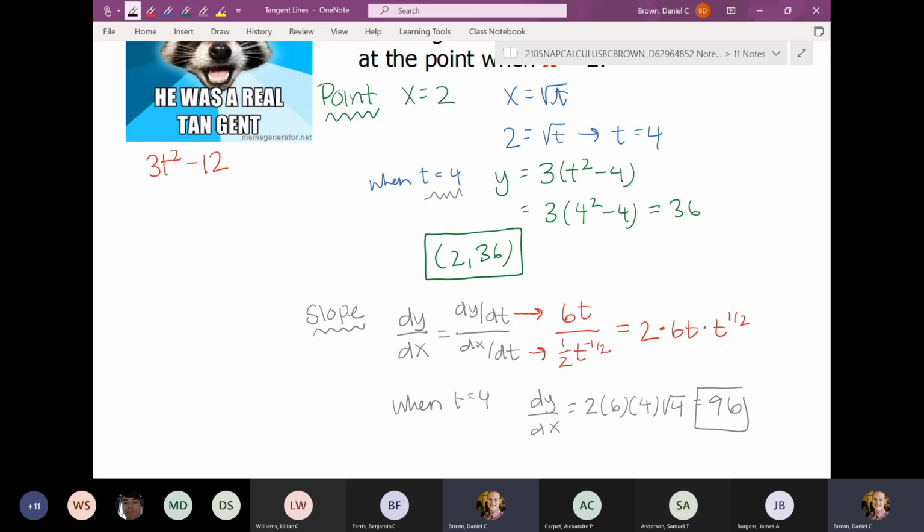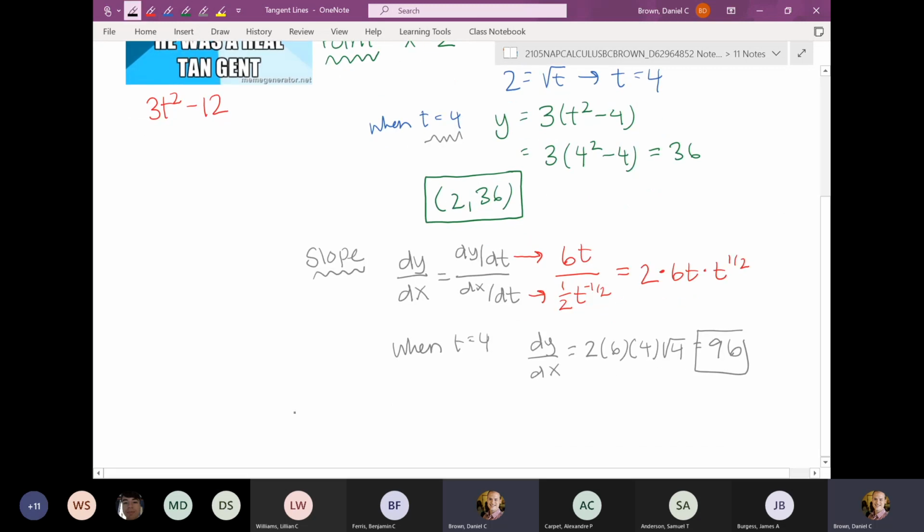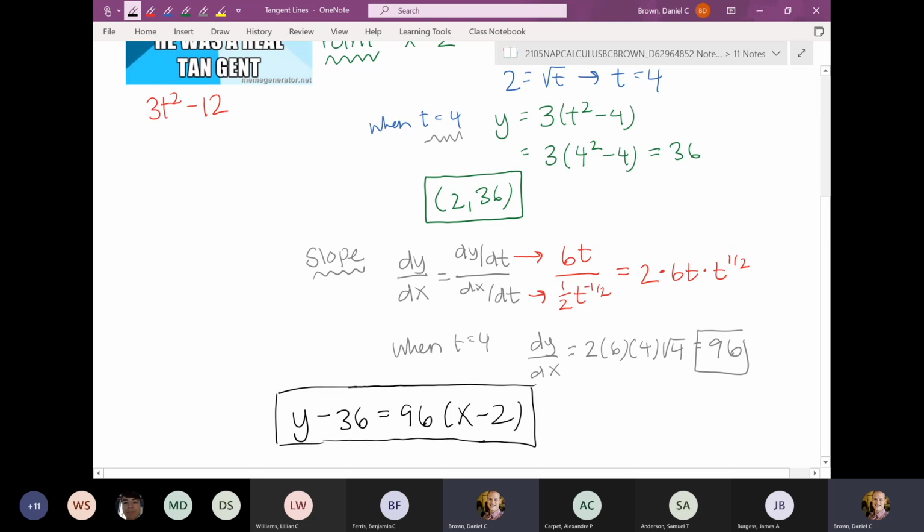So now I can use that to write my tangent line. y minus the y-coordinate is equal to the slope times x minus the x. And this will be the tangent line to that parametrically defined graph. This does occur when the parameter t is equal to 4, but that's not as important. Do notice that the line that we write is in rectangular form, not parametric form.